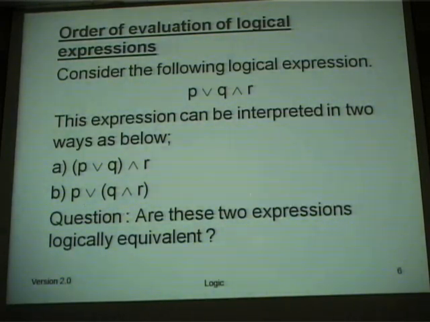Once you put the parentheses, parentheses always take the highest priority. You have to operate everything within the parentheses first. Otherwise it causes confusion unless there is a rule.